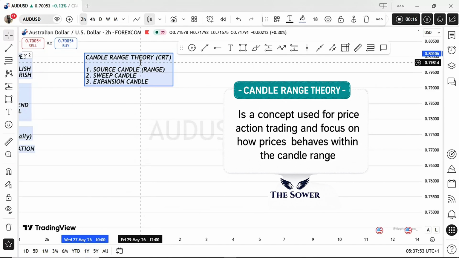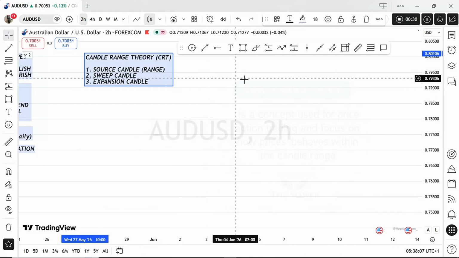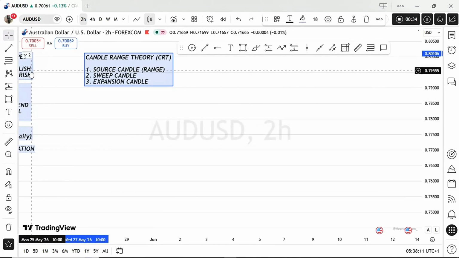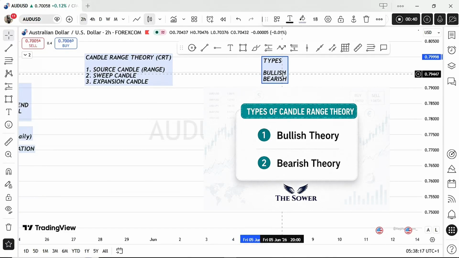So the candle range theory is a concept usually used in the Forex market for price action trading. It focuses on how price behaves within a candle range, and it's more potent in higher time frames, right? We have the types of candle range theory: the bullish CRT and the bearish CRT pattern.